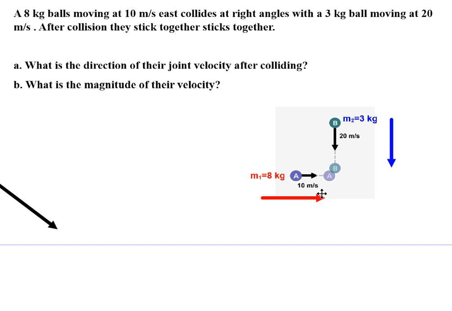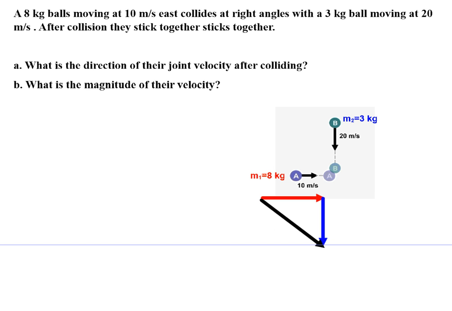So basically what we have to do is add these two vectors, using the tip-to-tail method. The red plus the blue results in this black one here. Using some trigonometry, we can figure out how long the black one is and what direction it's pointing.